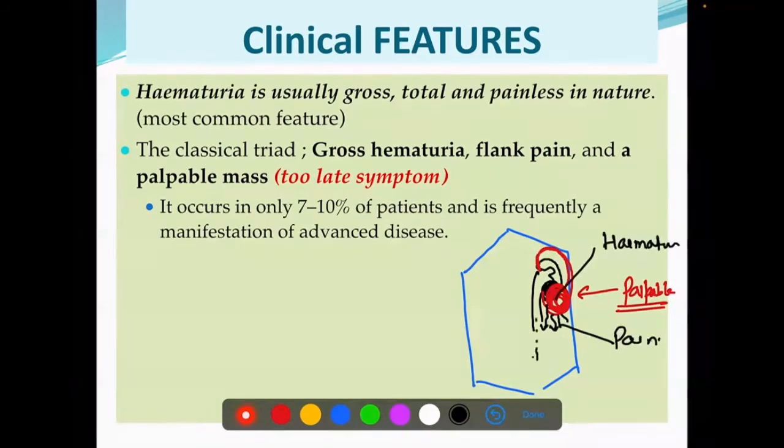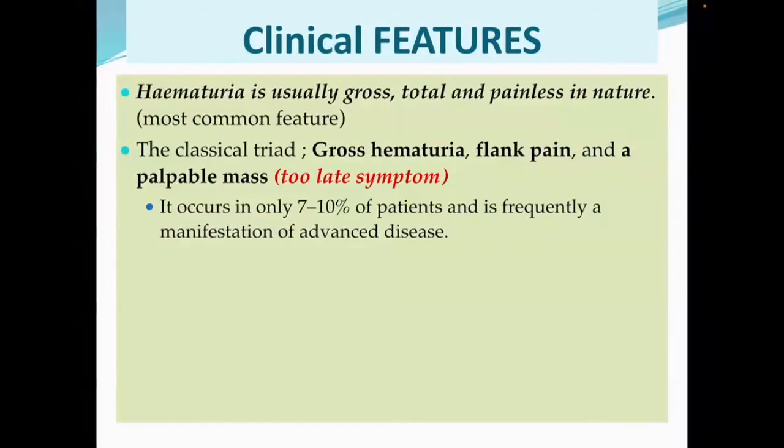So when you find a patient with all three symptoms, that is gross hematuria, flank pain, and a palpable kidney, that is known as the too late symptom. That means the patient already had at least local advancement.